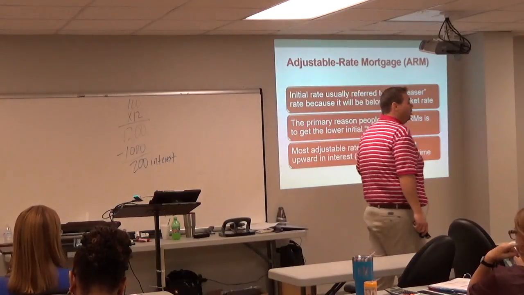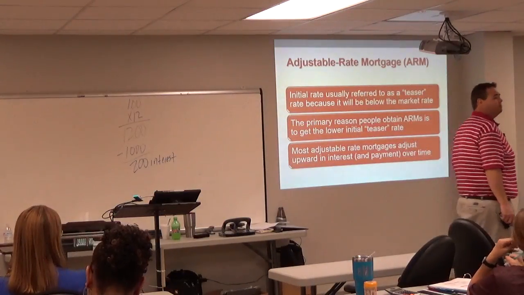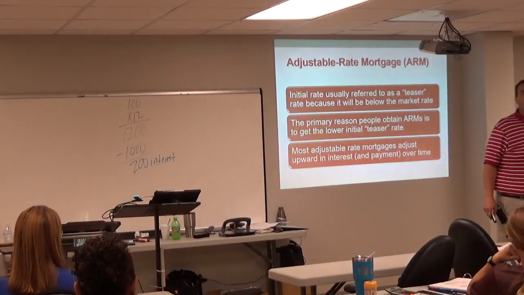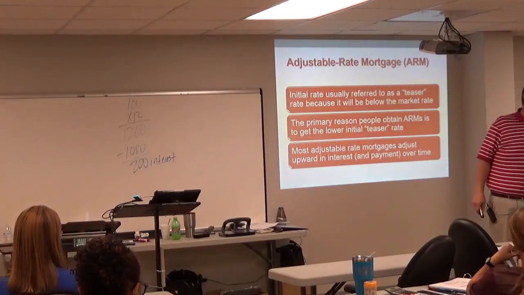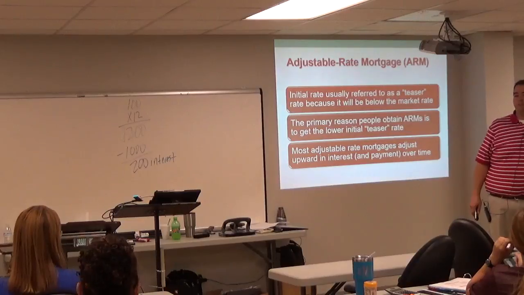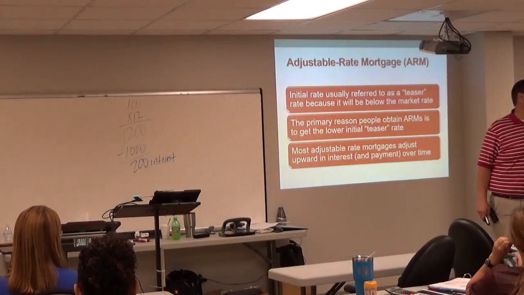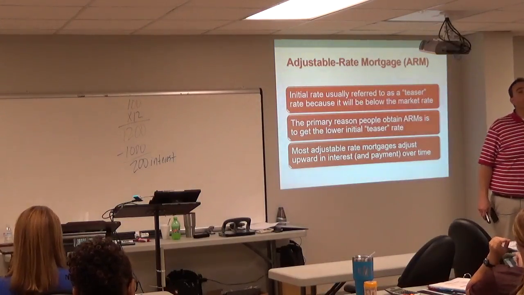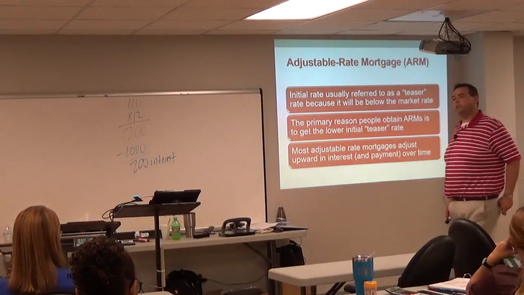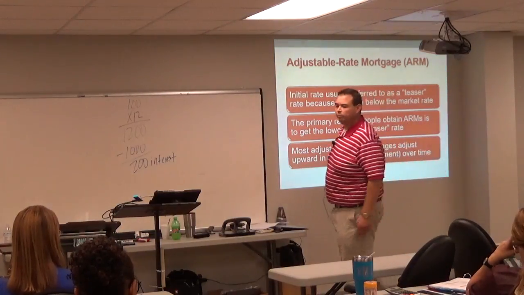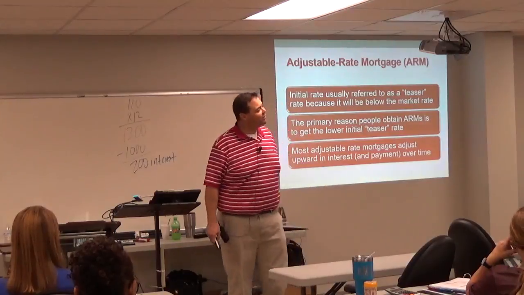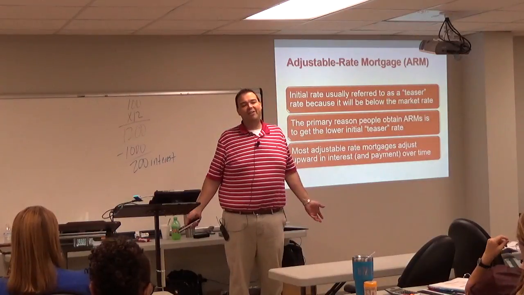Now, truthfully, ARMs get a bad rap. They are not a good fit for somebody who's going to keep a loan for 30 years. But how many people keep a loan for 30 years? Like we talked about, for example, that state employees credit union 5-year ARM. What's the average time somebody owns their house? 5.5, 6 years.